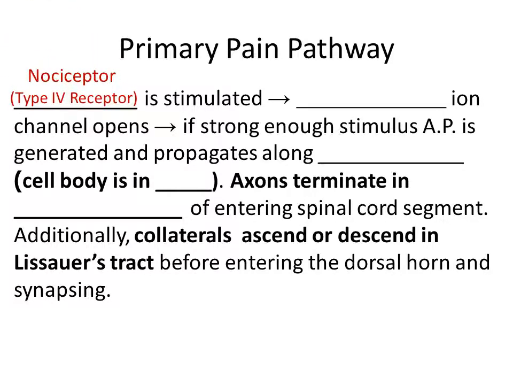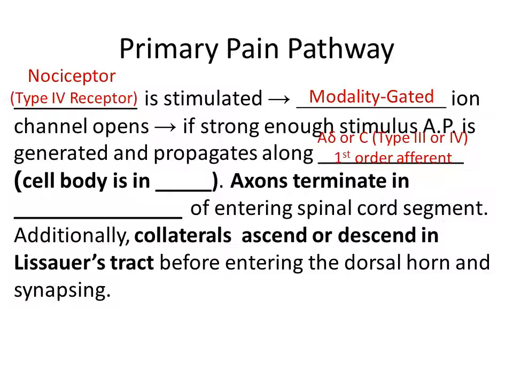So we have a nociceptor stimulated. If you're a muscle physiologist, you're going to be calling that a type 4 receptor in the muscles or joints. This is going to cause modality-gated ion channels to open. If we have sufficient summation to generate action potential, the action potential is going to be propagating along an A delta or C first order afferent if we're talking skin.